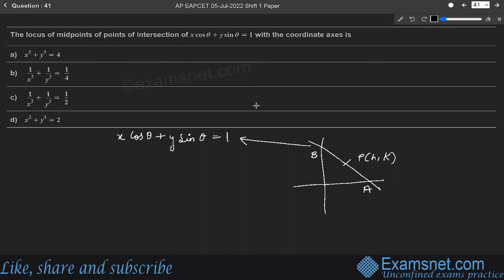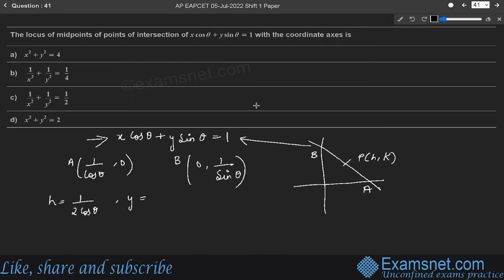So on putting y is equal to 0 in this particular equation, coordinates of A will be 1 upon cos theta, comma 0. Similarly, coordinates of B will be, on putting x is equal to 0, 1 upon sin theta. Now, we know that h is equal to 1 upon 2 cos theta and, see here, there is k.